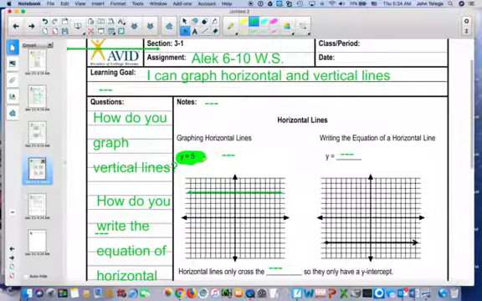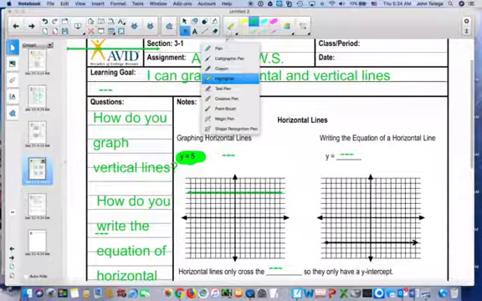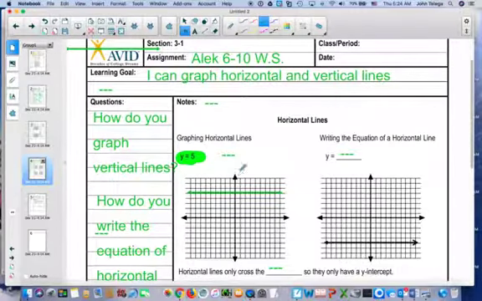So if we go on the y-axis, remember our y-axis is this one right here, the one that goes up and down, right? Because the tail of the y goes up and down. That's the way I remember it. So this is our y-axis right here.